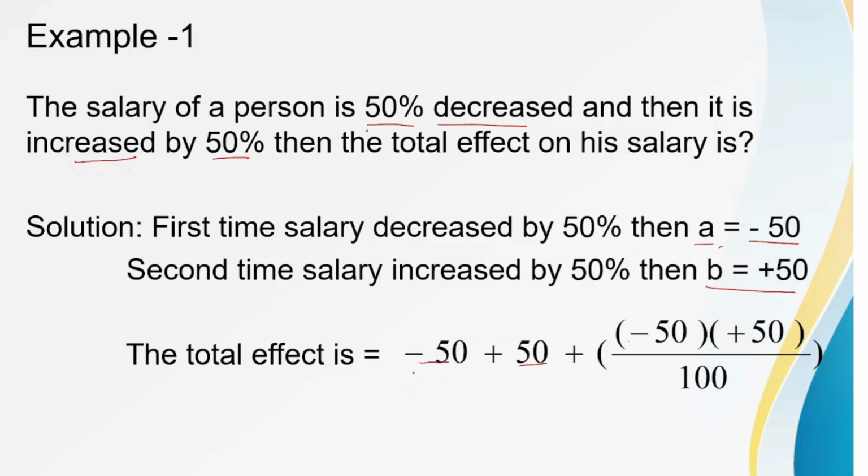Simplifying, minus 50 plus 50 becomes 0, and plus into minus is minus, 5 into 5 is 25. So the total effect is minus 25%, that is, a 25% decrease in his salary.